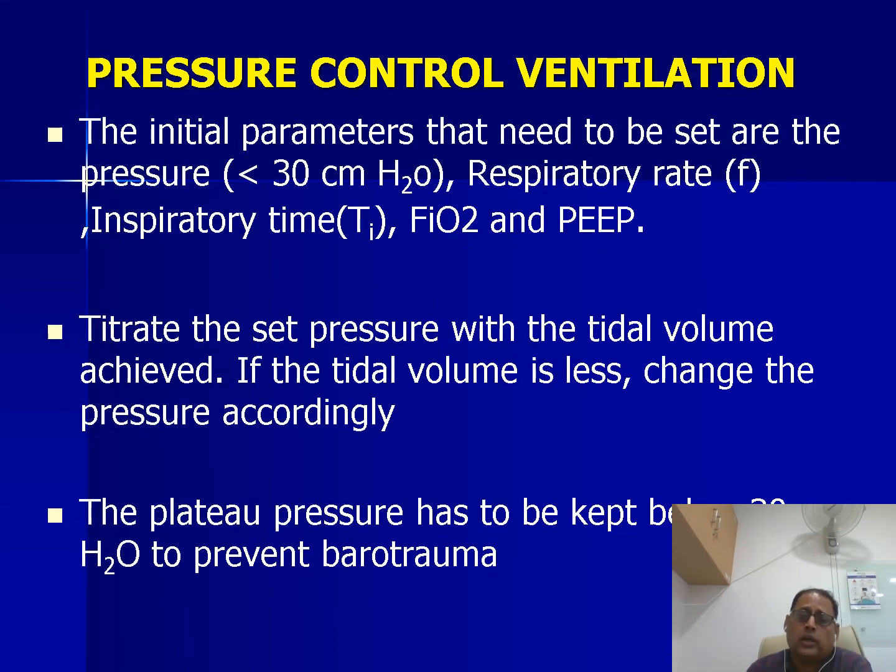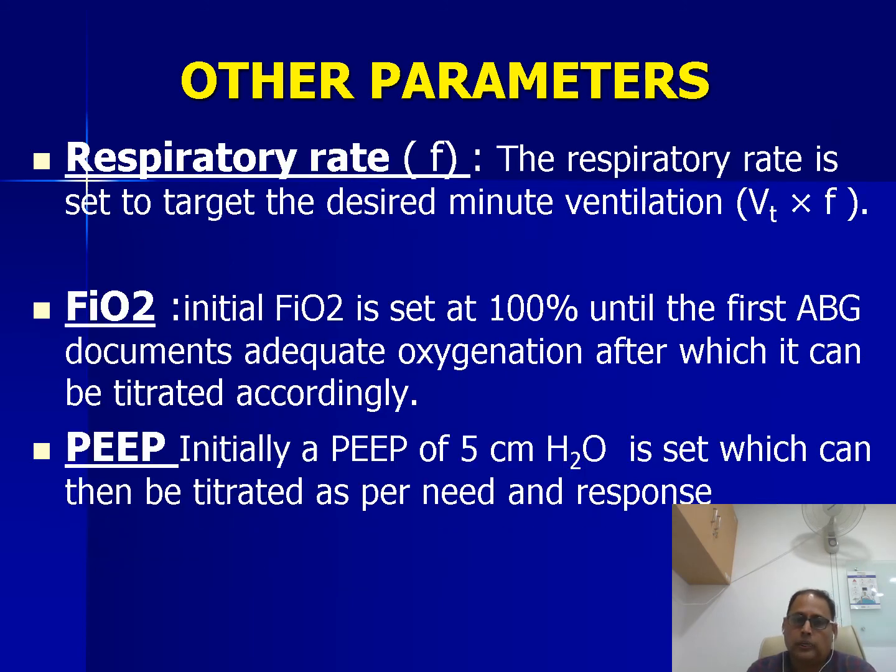In pressure control ventilation, initial parameters that need to be set are the pressure, the respiratory rate, the inspiratory time, and of course the FiO2 and PEEP. You need to titrate the set pressure with the tidal volume that you actually want. If the tidal volume being delivered is less, change the pressure accordingly, but the plateau pressure should ideally be kept lower than 30 centimeter of water to prevent barotrauma.